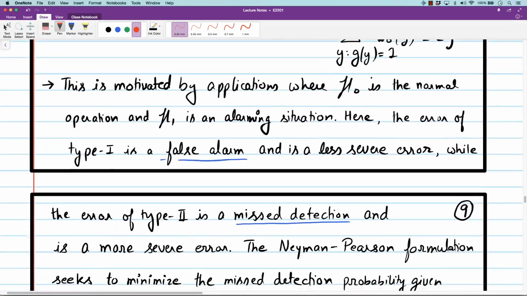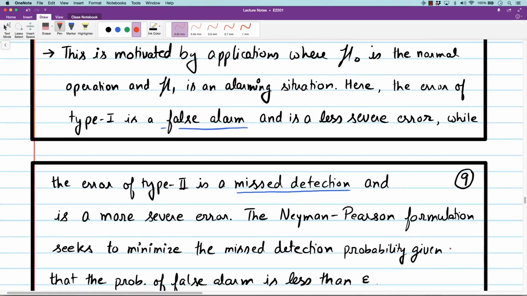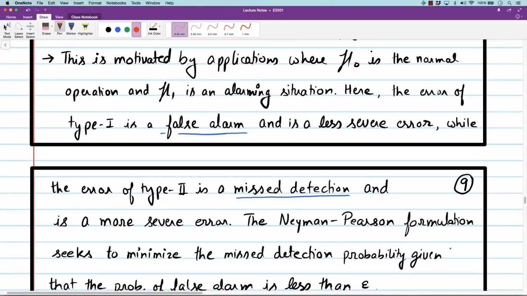So why does this formulation make sense? For many reasons, but here is a very simple heuristic reason. Think of an application where H0 is a normal operation and H1 is an alarming situation. For example, H0 can be absence of a disease and H1 can be presence of a disease. Here the error of type 1 says that the disease was not present, but you declared that the disease is present.